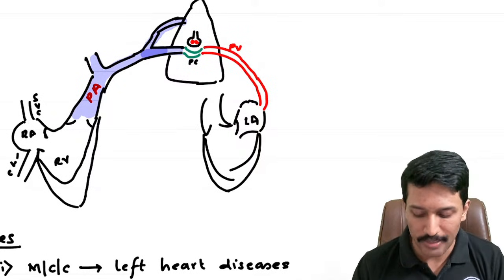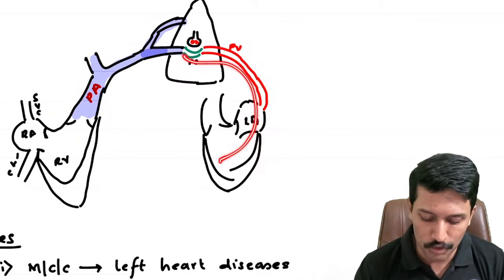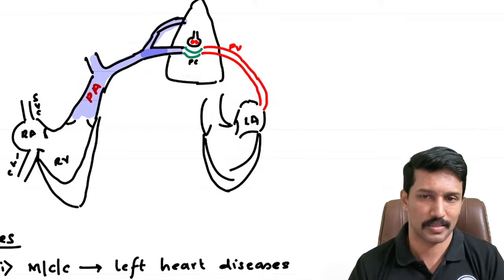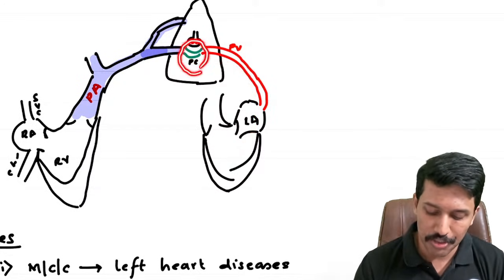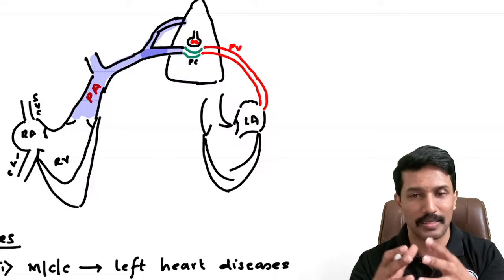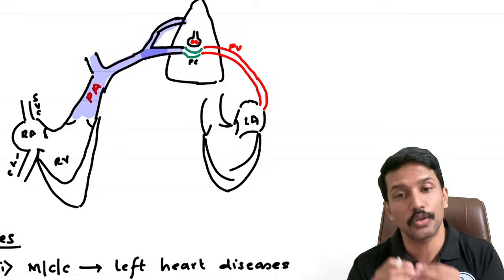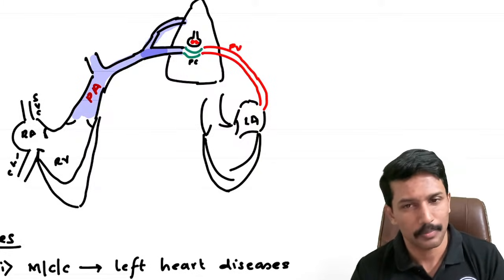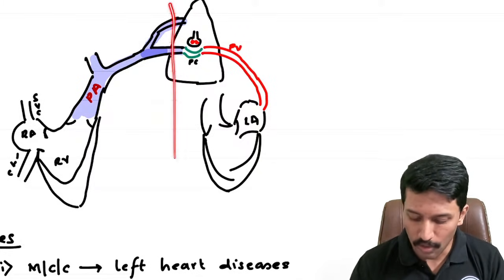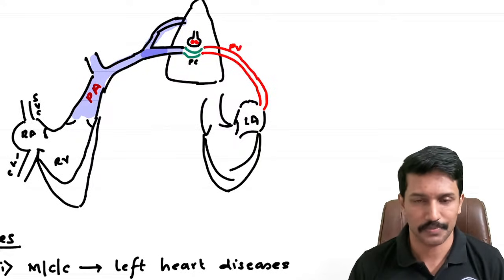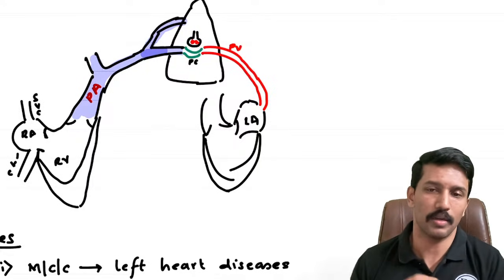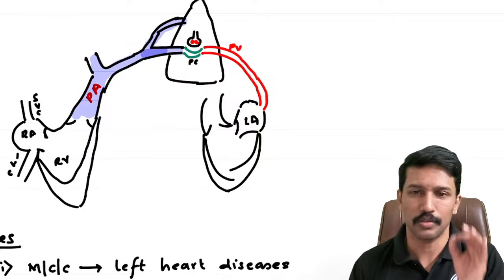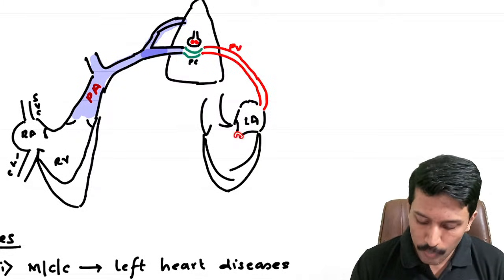So the problem, whenever it starts in the left side of the heart, eventually reaches the lungs. Here it will cause congestion of the pulmonary capillaries because of rising pressure, and that congestion will lead to a symptom which we call dyspnea or shortness of breath. So every time you write about left heart disease, one standard symptom you can write with eyes closed is shortness of breath or dyspnea. This also applies to mitral stenosis.